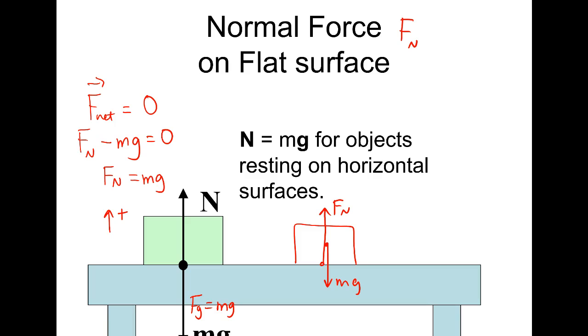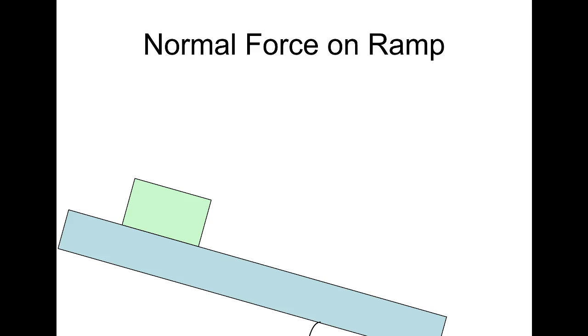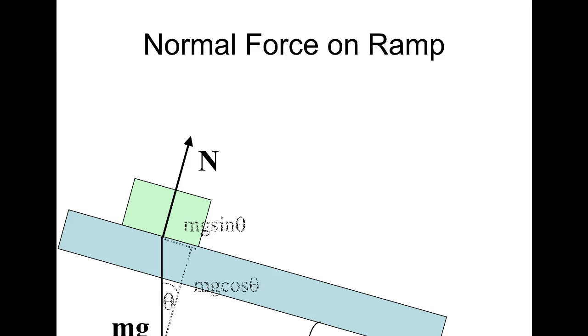Now, is it always true that the normal force is equal to mg? Absolutely not. For example, if we have a ramp, the normal force, well, first of all, gravity will be going down, and the normal force will be going up at an angle, which means that it's more convenient to say that we have a perpendicular and parallel direction for our forces.